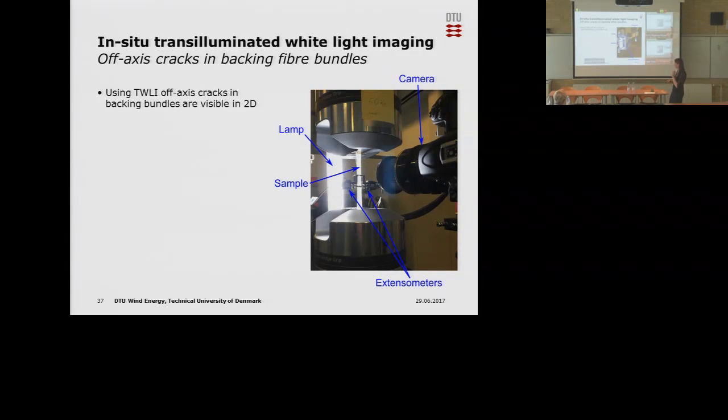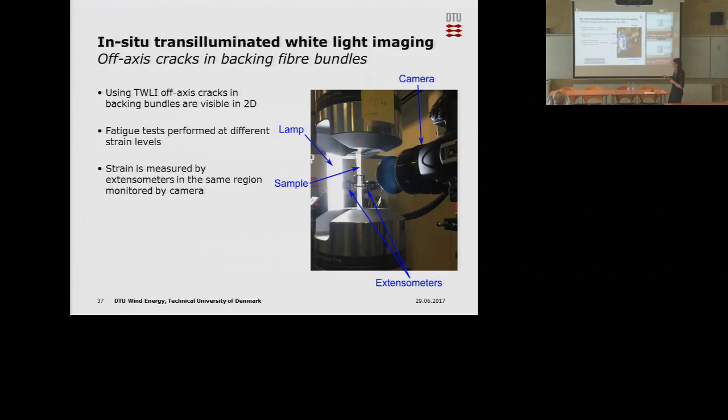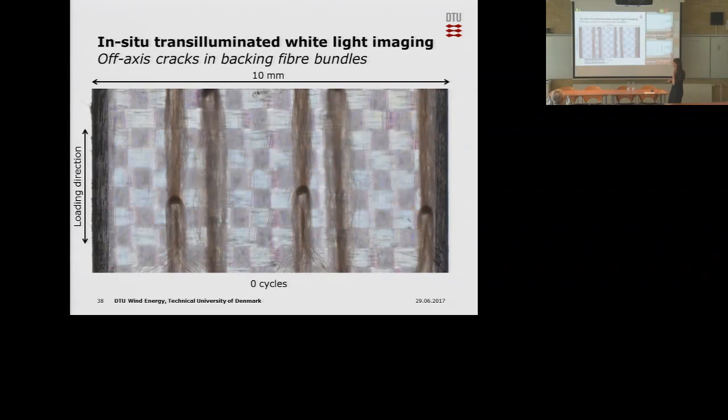So you obtain these images, and in these images you can see the off-axis cracks in the backing, which I'll get back to. Fatigue tests using this setup were carried out at different strain levels to test if accelerating the test affects the damage mechanisms. And the strain was measured in the same region as monitored by the camera to be able to compare.